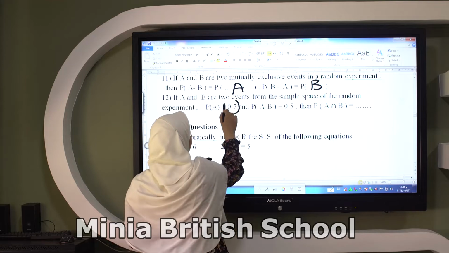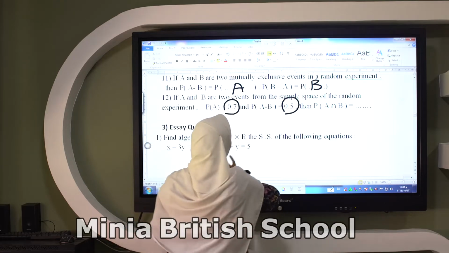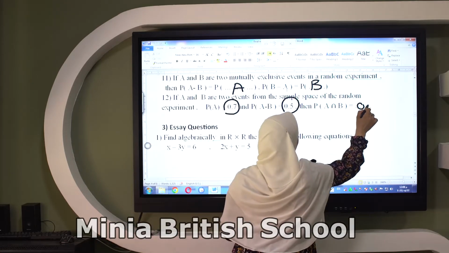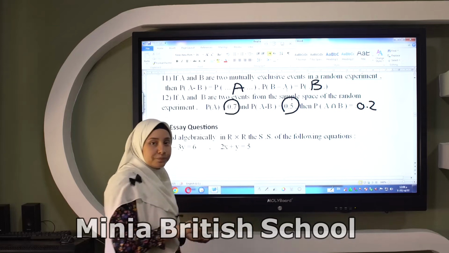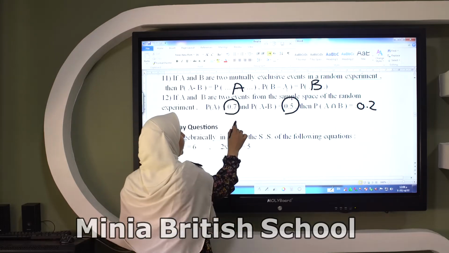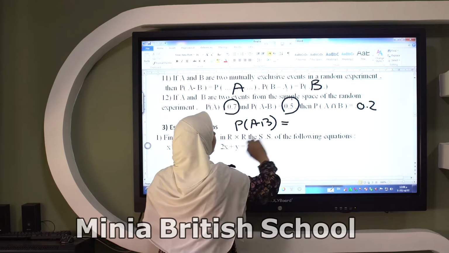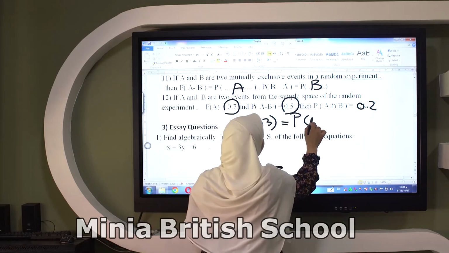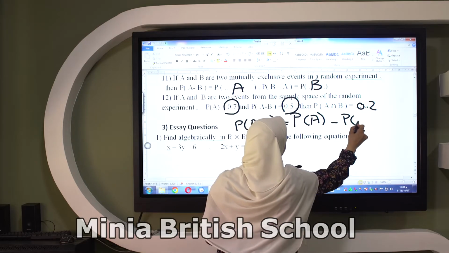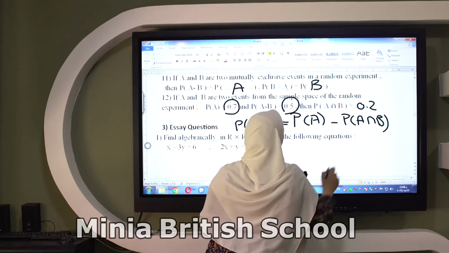Yes, 0.7 - 0.5 equals 0.2, because P(A - B) equals probability of A minus probability A intersect B.